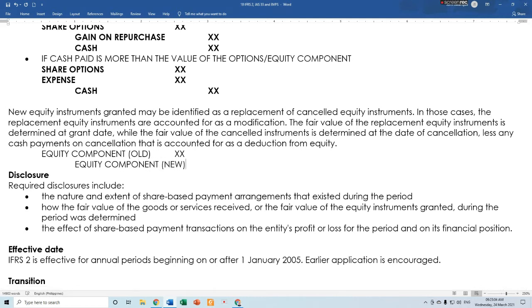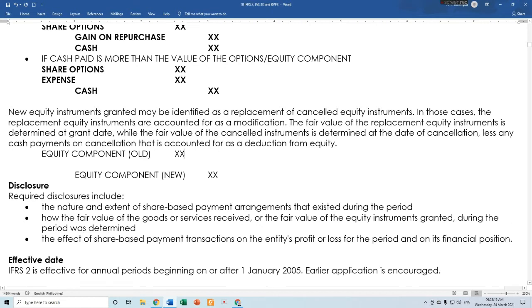Okay, yung bago. So, ganyan siya. Pero, any difference, okay, so malamang kasi yung equity component na old, okay, kung ganun yung cancellation niya, basta malamang may difference dyan. So, any difference will be recognized as expense. Okay, malamang sa malamang, expense talaga yan.